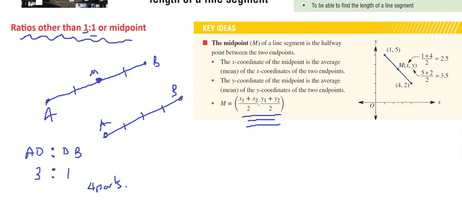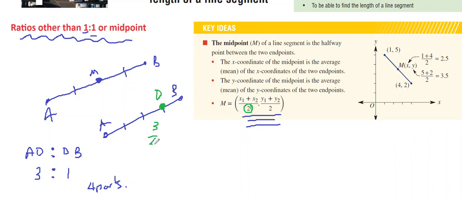And the part from A to D is 3 parts, and the part from D to B is 1 part, so D must be there.